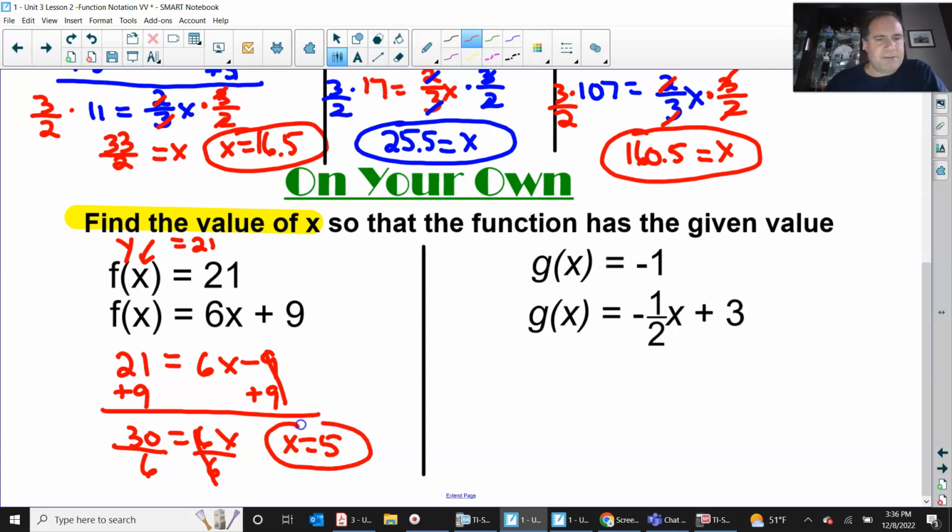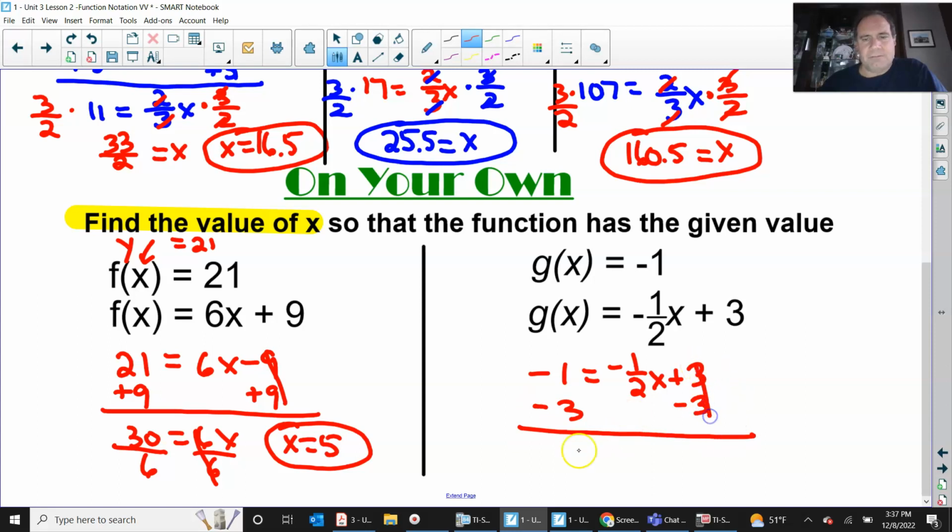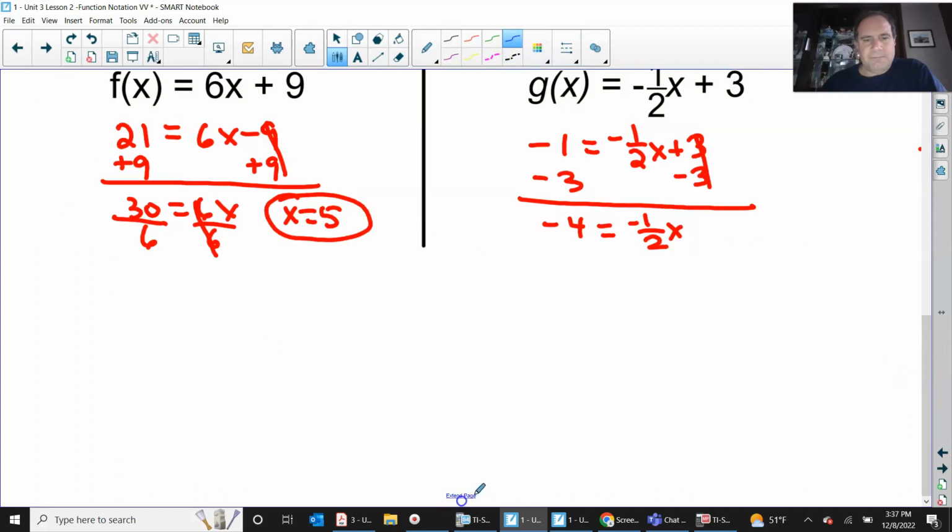Find that value of x, you did. Remember, g of x equals -1, so we're going to substitute in -1 as g of x. We're going to subtract 3. Now we're going to solve for x like we know how to do. So this is -4 equals -1/2 x, and then we're going to multiply by the reciprocal.